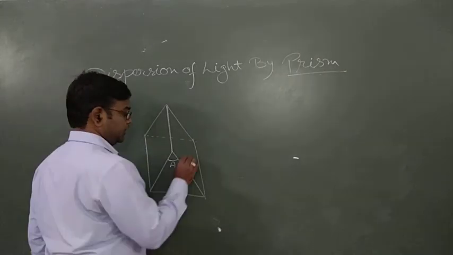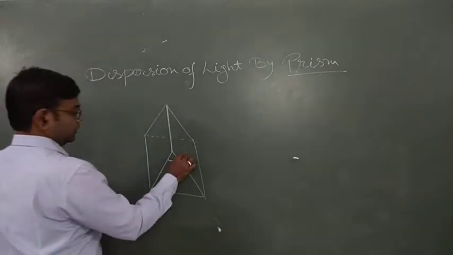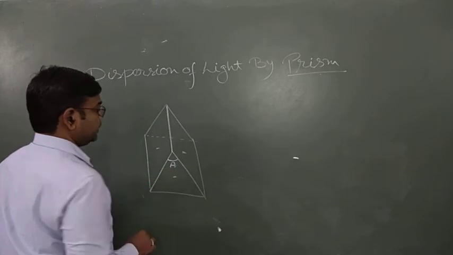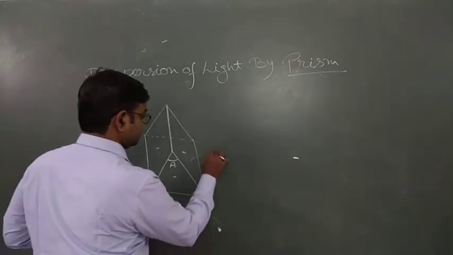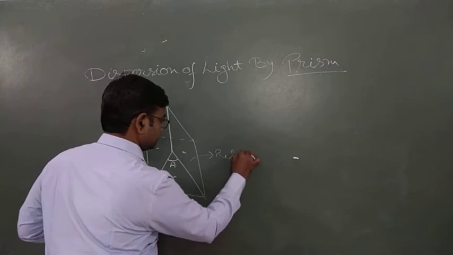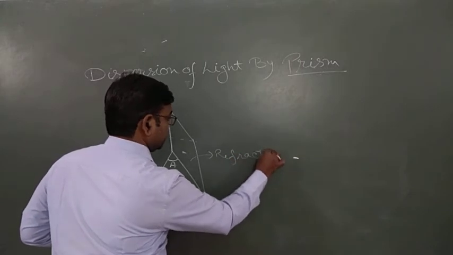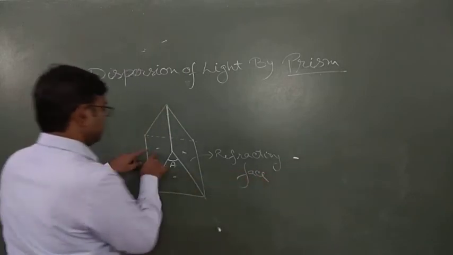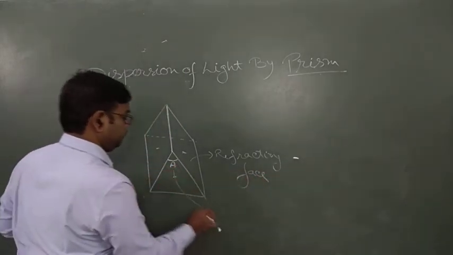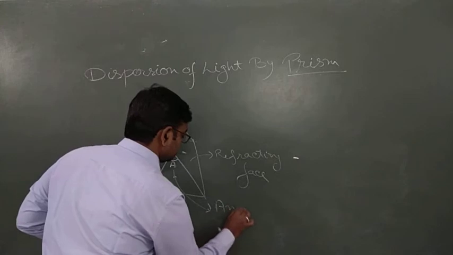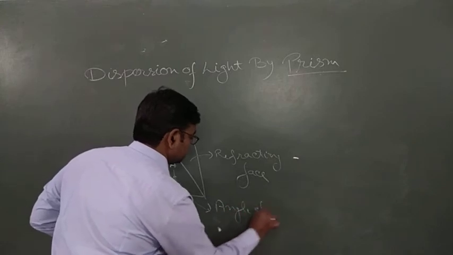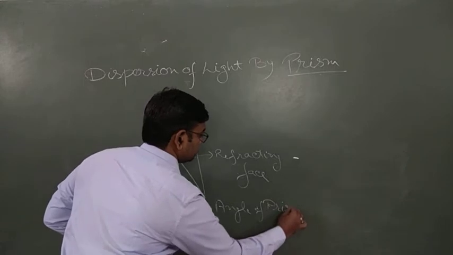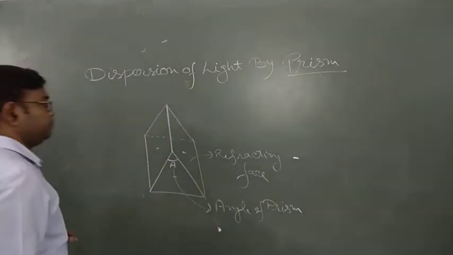Means what? These rectangular parts, this one and that bottom part, this one are known as your refracting faces. An angle between two refracting faces is known as your angle of prism.